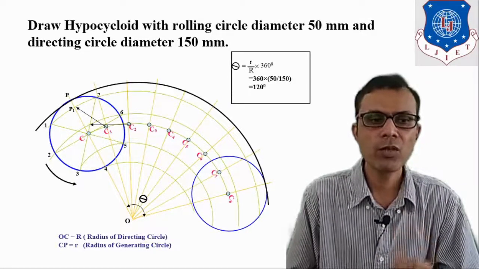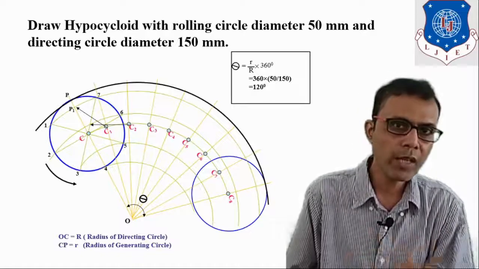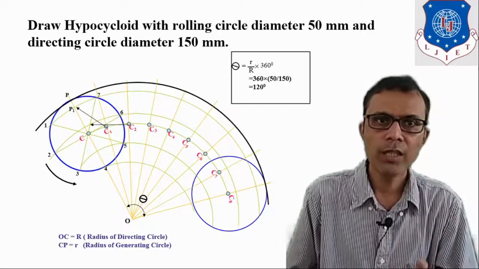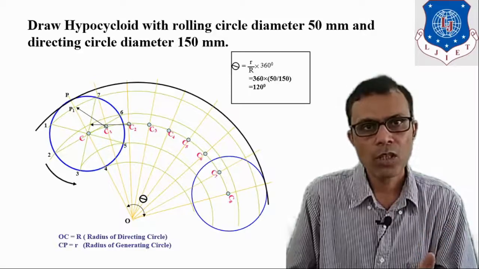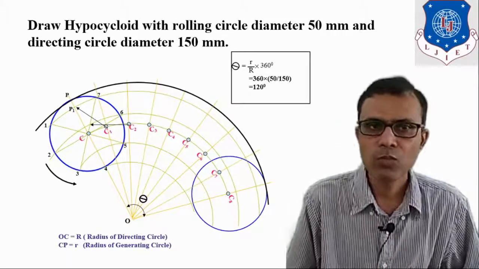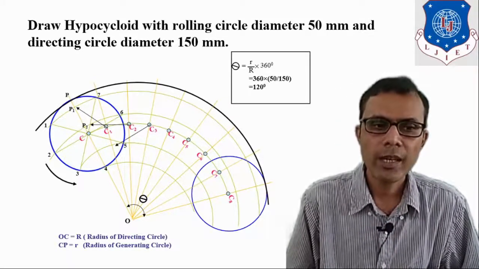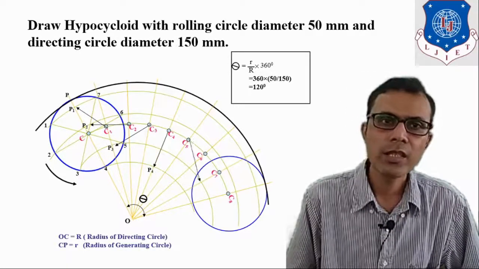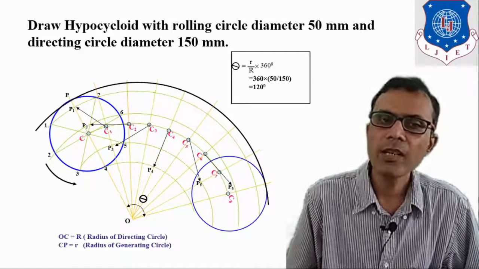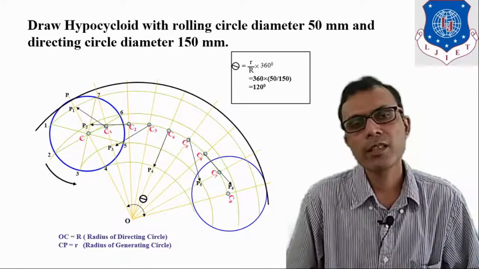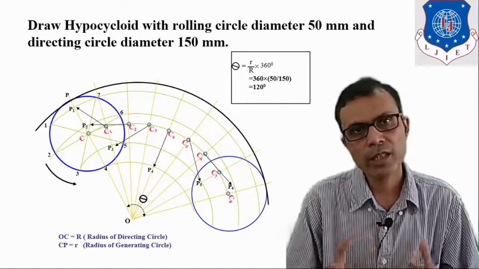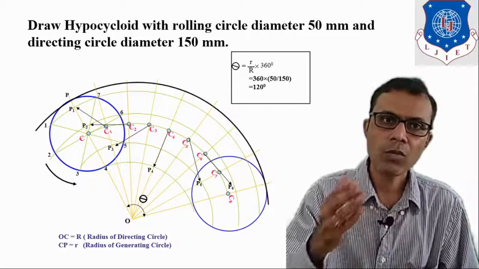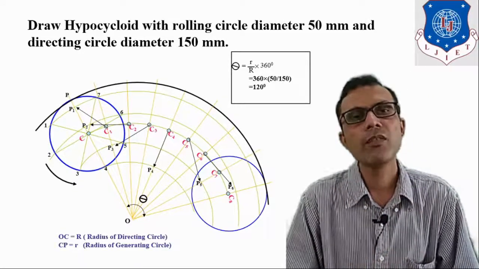So take C2 as the center, draw an intersecting arc on the arc drawn from division number 2. Then take C3 as center point, then C4, C5, C6, C7, and finally C8, and draw the intersecting arc on the arc drawn from the respective division numbers.